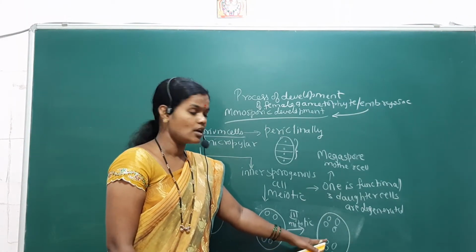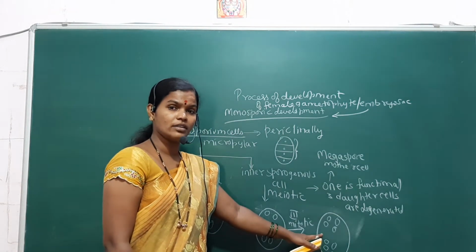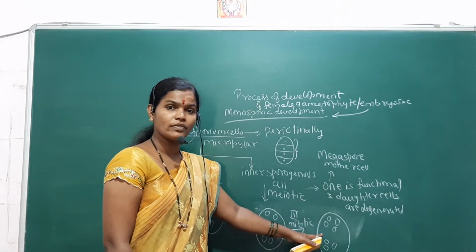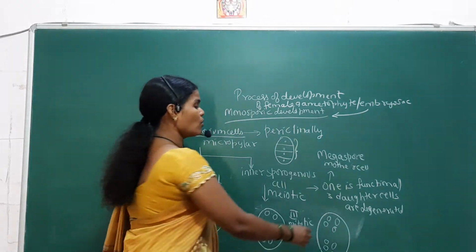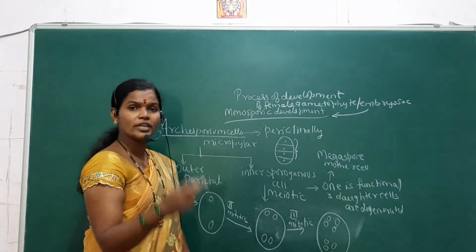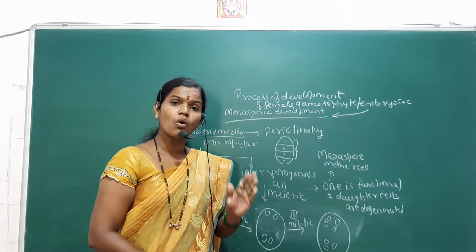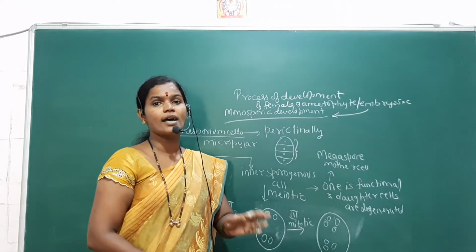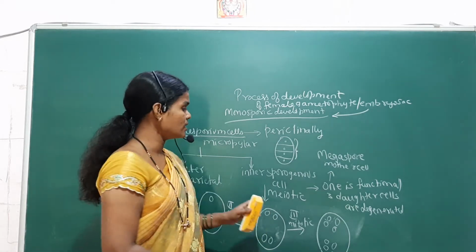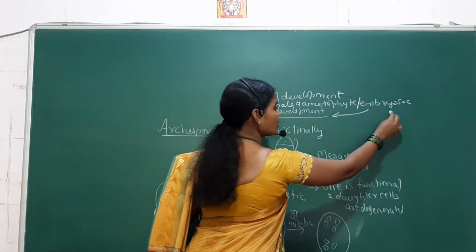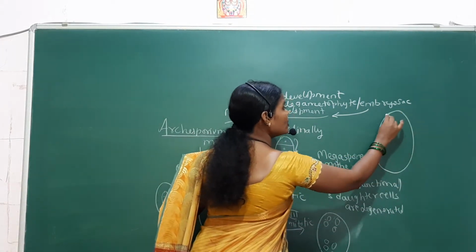After the formation of the 8 daughter cells, wall formation occurs to each daughter cell. As the wall formation occurs, they arrange themselves into a female gametophyte.